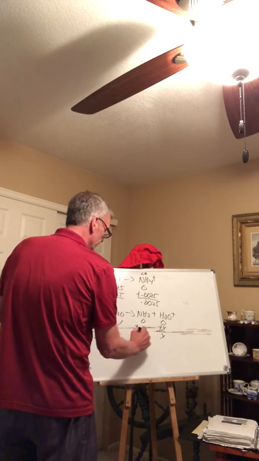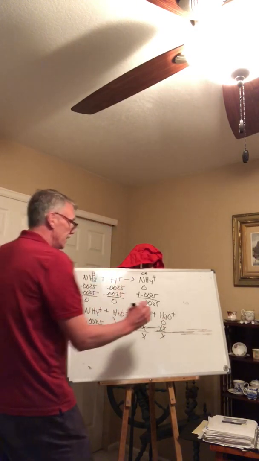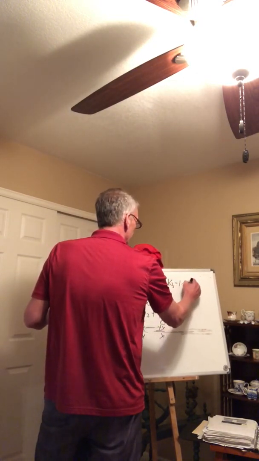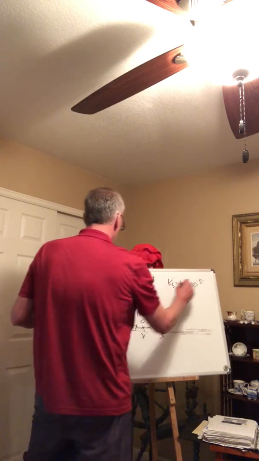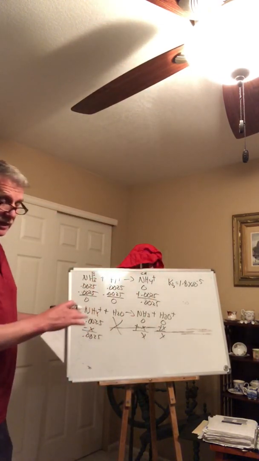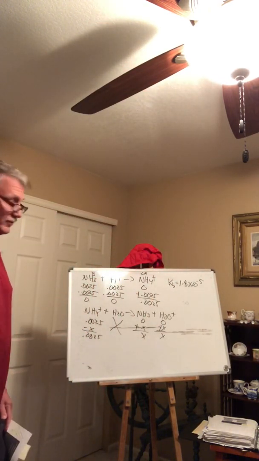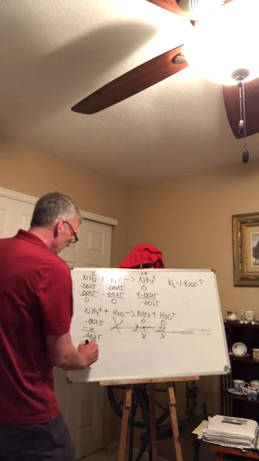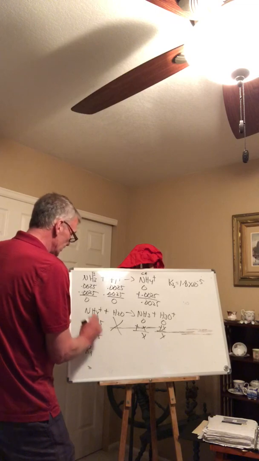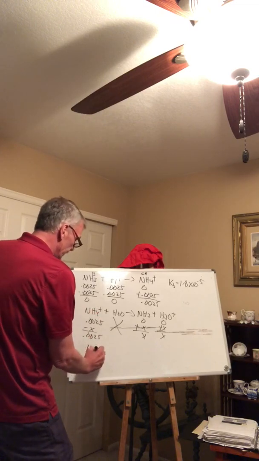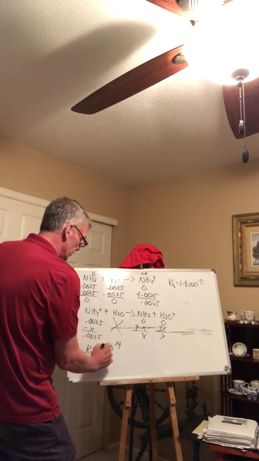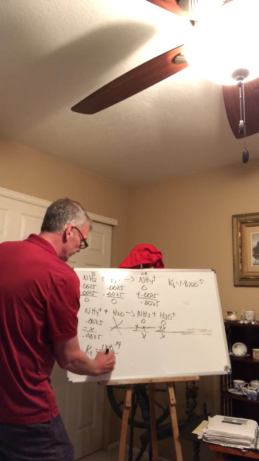Here, again, I would have told you the Kb. The Kb is 1.8 times 10 to the negative fifth for the ammonia. You'd have to be given that in this problem. There's no way you could do it without that. So I want to solve, because this is now acting as an acid, so I'm going to do the Kw, 1 times 10 to the negative 14th, over the Kb.